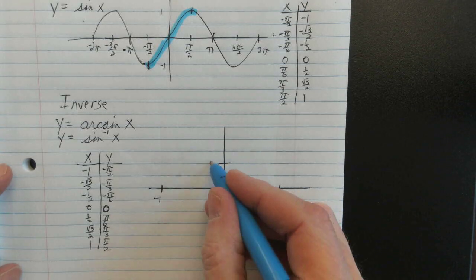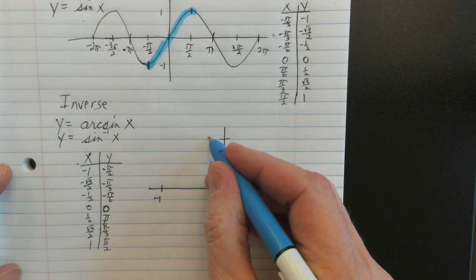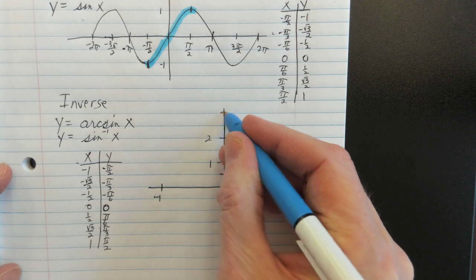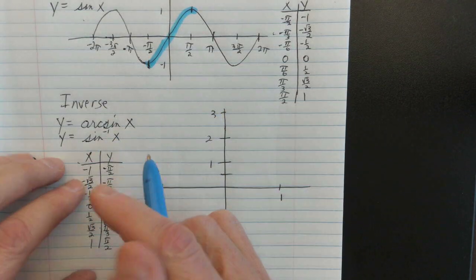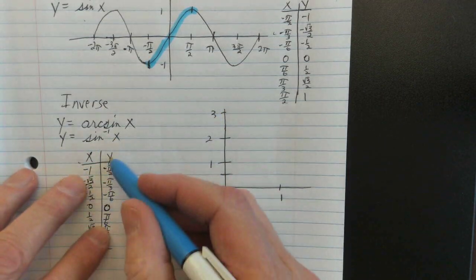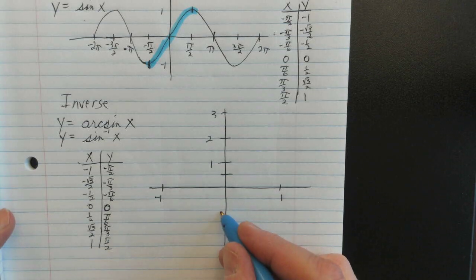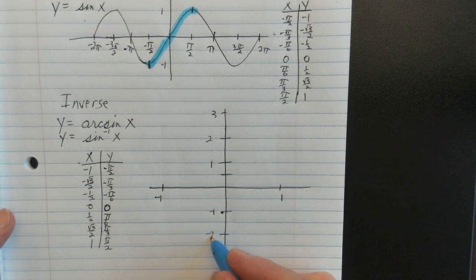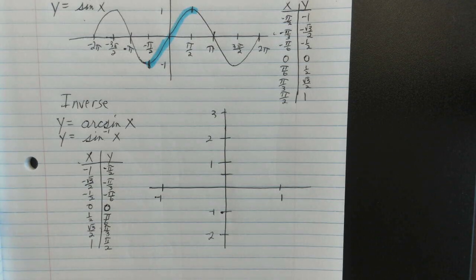Actually, I'm going to make this 1, this 2, and this 3, and put these where they would fall, okay? This is negative 1, negative 2.